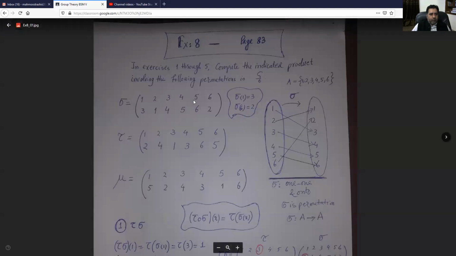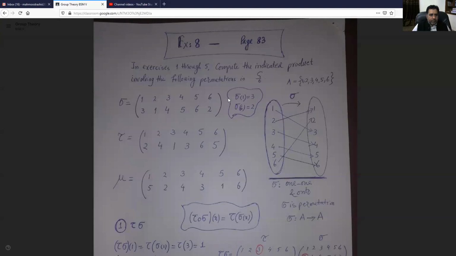So for sigma, you can see the geometric view or the diagram which I told you earlier is here to facilitate you. So 1 is mapped on 3 under sigma, 2 is connected with 1, 3 is mapped on 4, 4 is mapped on 5, 5 is mapped on 6, and 6 is mapped onto 2.